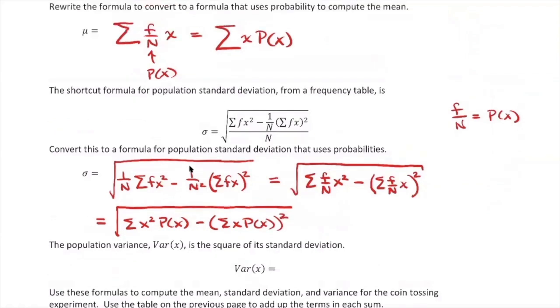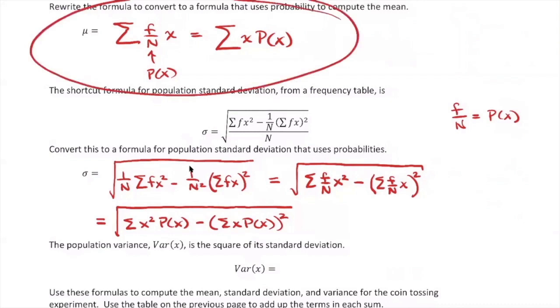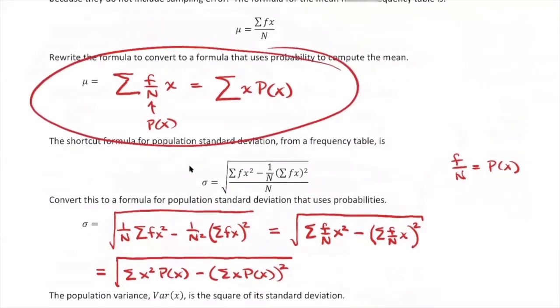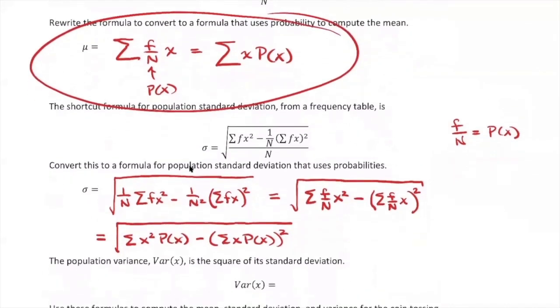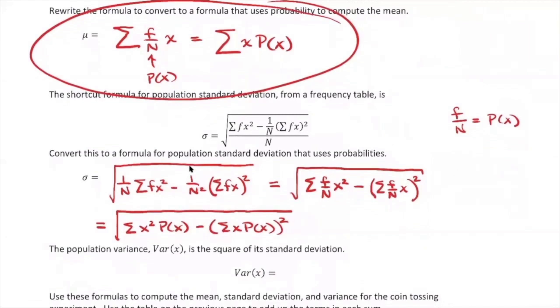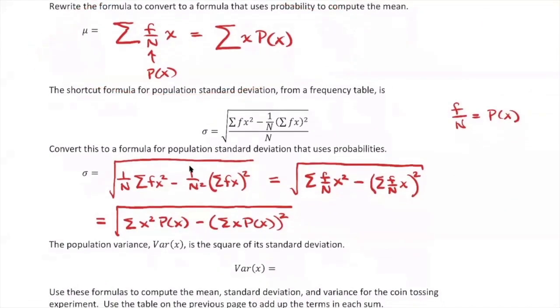And then reminding you up above, the sum of x times p of x is the mean of the distribution. We use a mu for a population mean now. Okay, so that's the mean of the probability distribution.